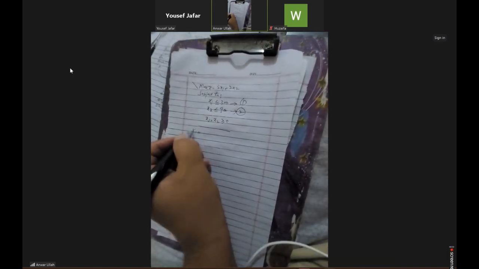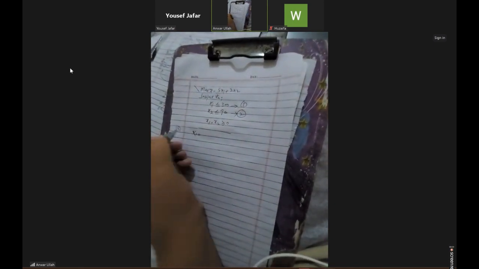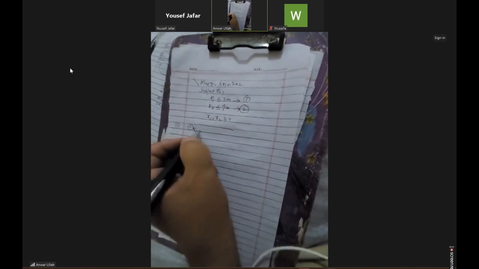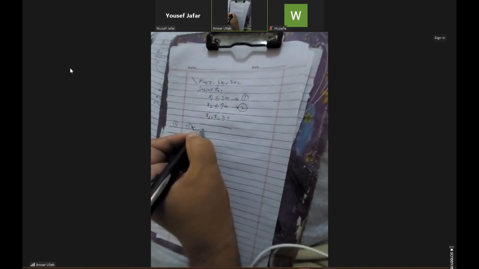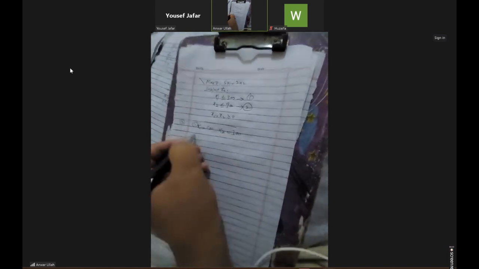Okay, okay. So now, for example, we are given three options. Option number one is x1 equal to 100 and x2 equal to 300.